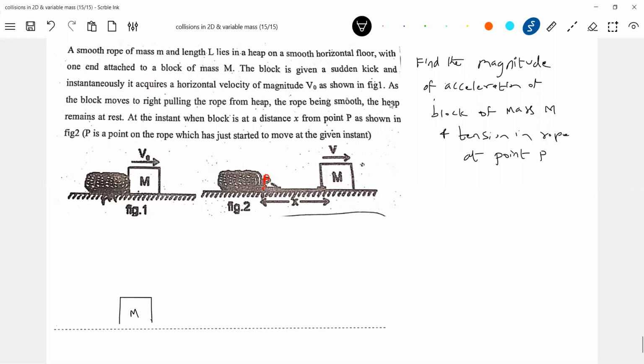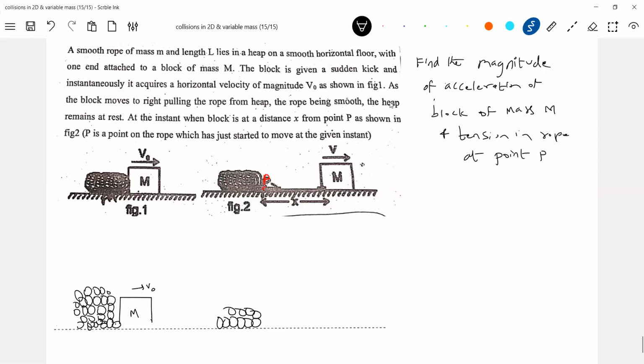This is a block of mass m. It'll be connected like this. One end of the chain will be connected to the block.